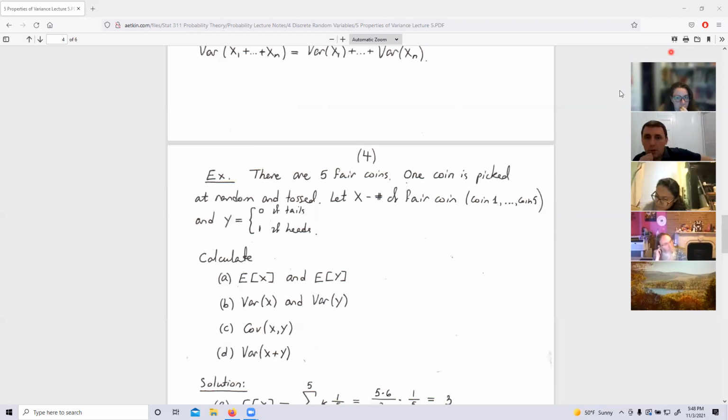What's covariance of x and y? You can write the formula if it helps, guys.